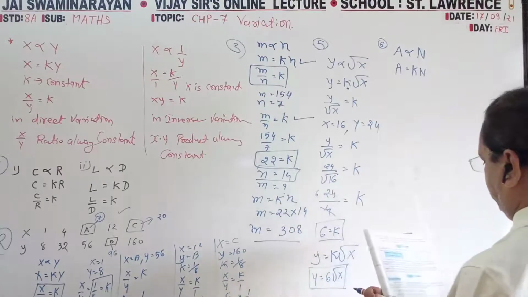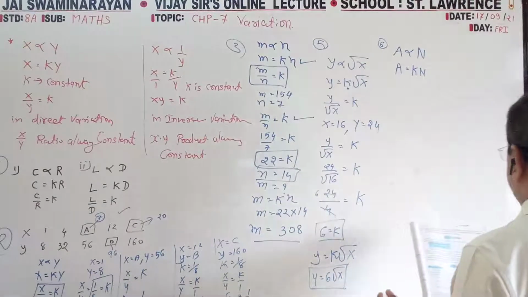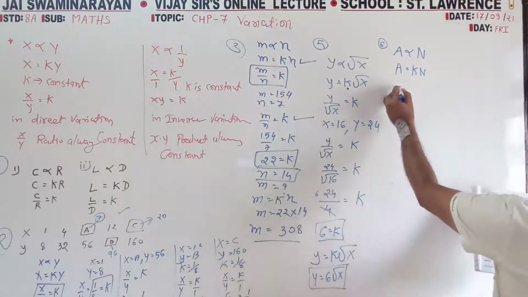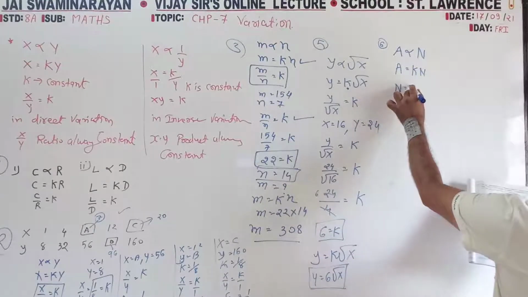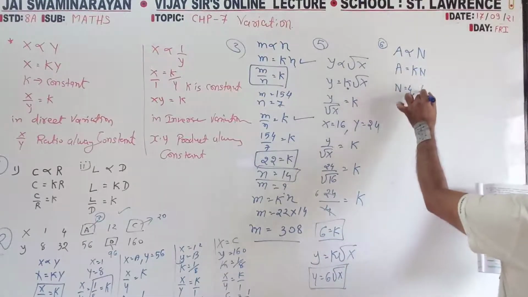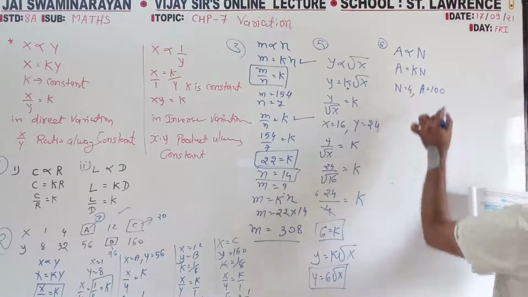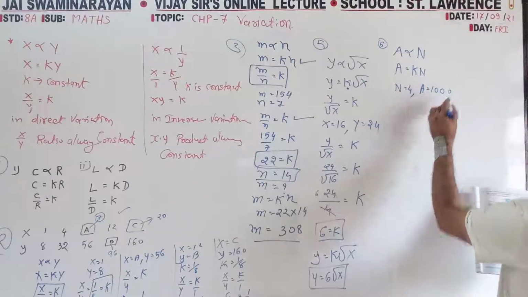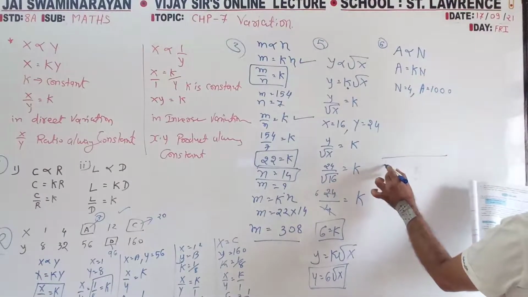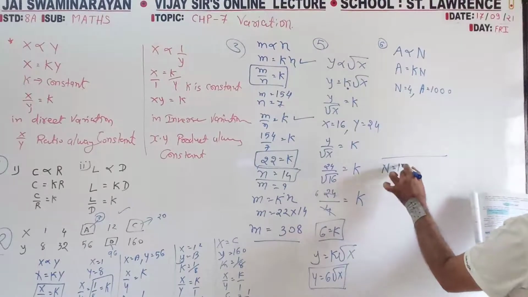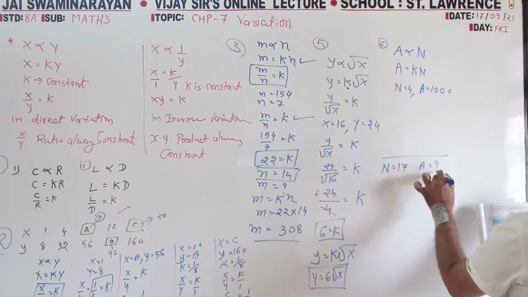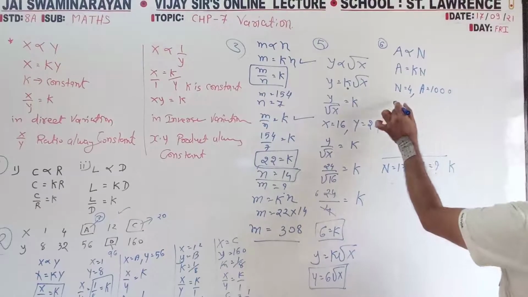Fourth one is cancelled. Now number of labor is 4. At that time amount is 1000. So number of labor is 17. Find the amount. K we have to find out.